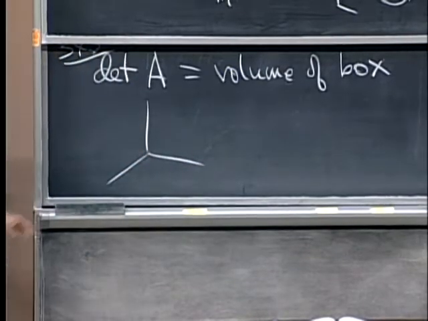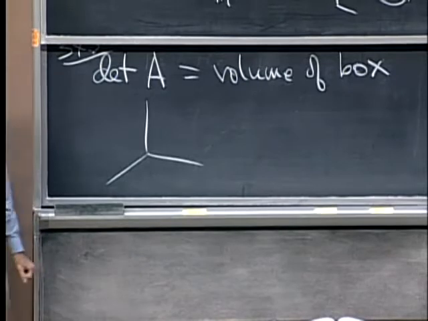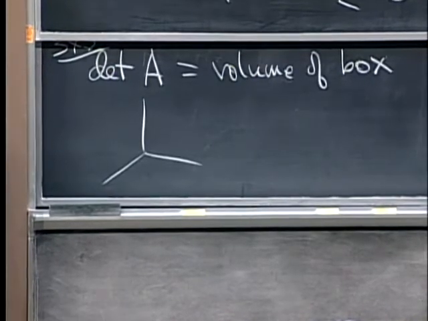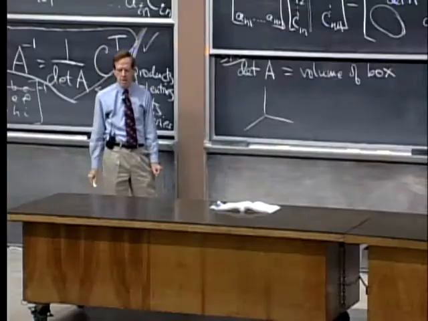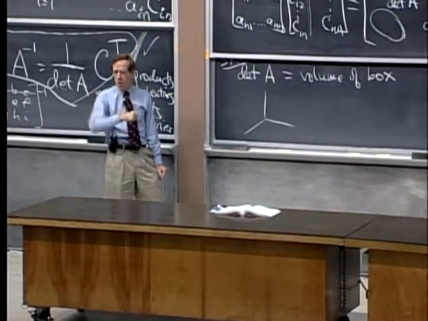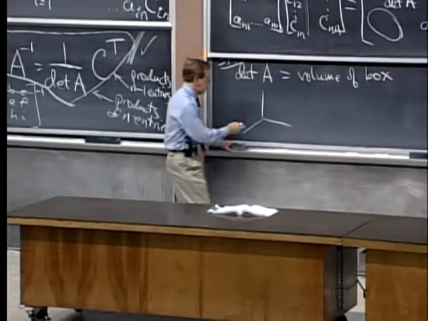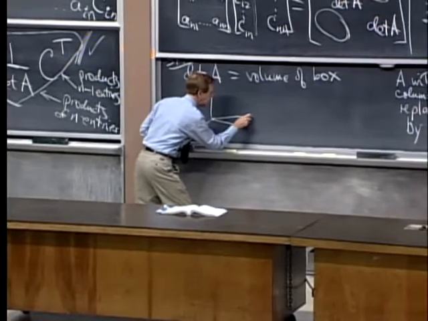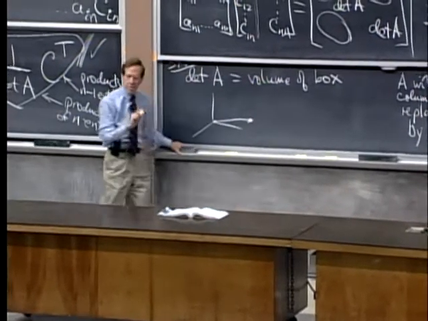Now I take the first row of the matrix, A11, A12, A13. That row is a vector. It goes to some point. That point will be a corner of the box, and the edge going to it will be an edge of the box.